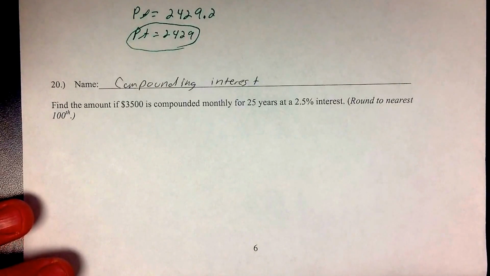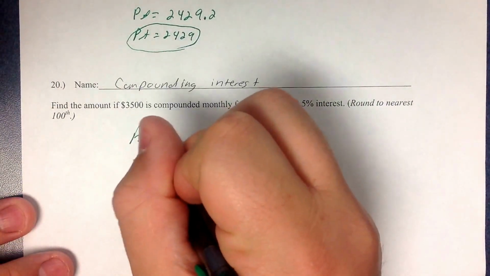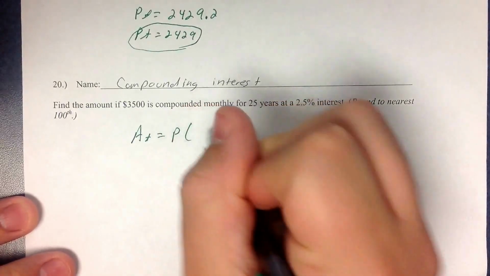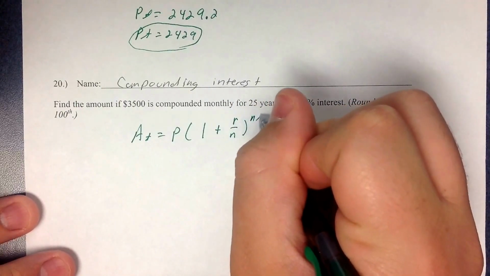Last problem is dealing with compounding interest. So we're using the formula A(t) = P(1 + r/n)^(nt).